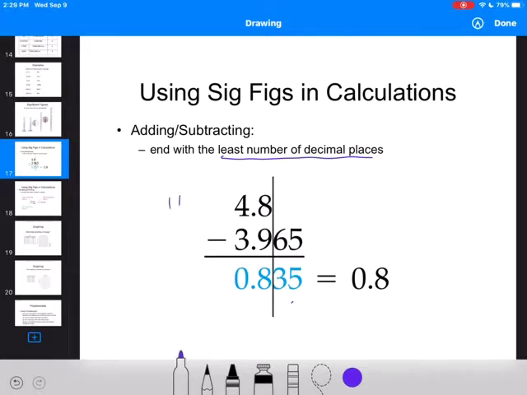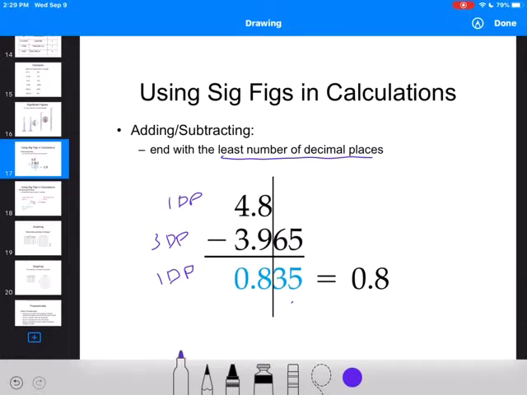This value that was born with some kind of measuring device only had 1 decimal place. The second value was measured with a better measuring device, so it has 3 decimal places. So therefore, my final answer is only allowed to have that 1 decimal place. I am limited due to that least accurate measuring device.